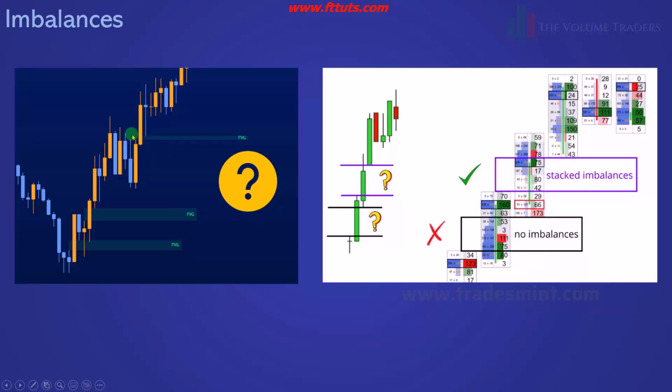Like for GU, there's zero imbalance in this tiny area, or for ES or gold, some stacked imbalances as proof that we can really expect a reversal here. But without footprint chart, this is guessing. We can make dozens of markups every day like this, and just guess where the price will reverse.